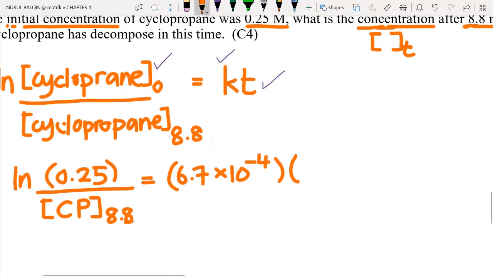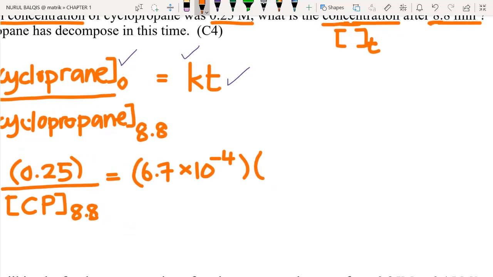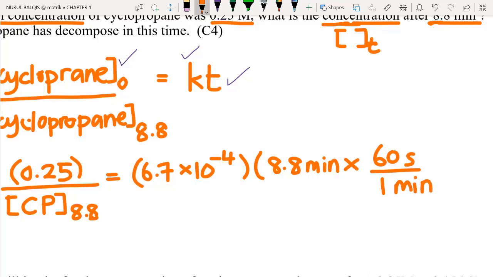Okay, I'll change it to second, so 8.8 minutes, times 60 seconds over 1 minute. So I'm going to cancel out the units. Alright.